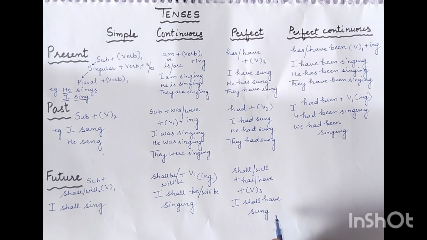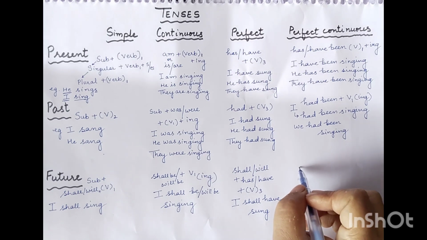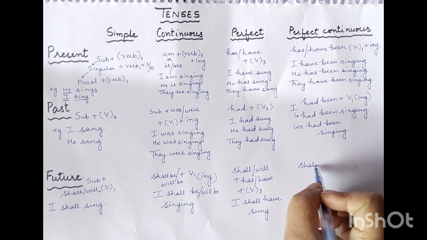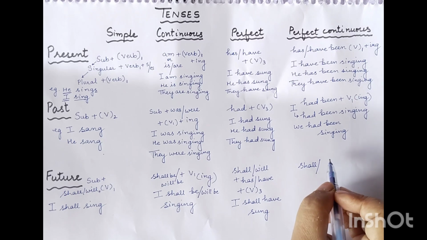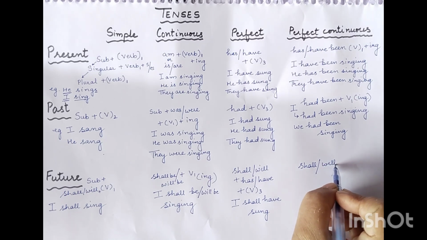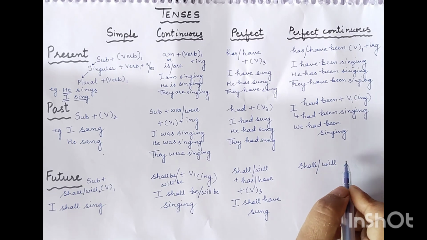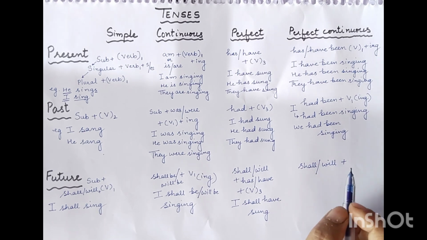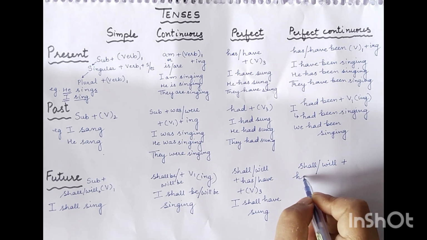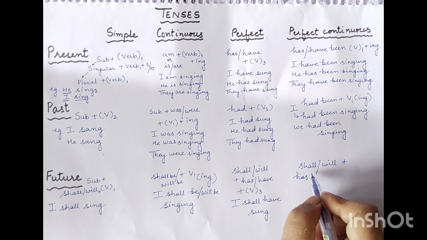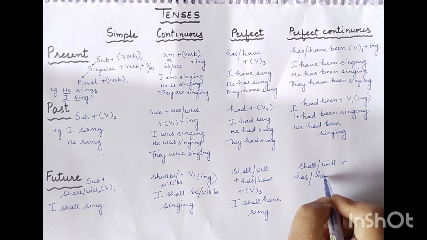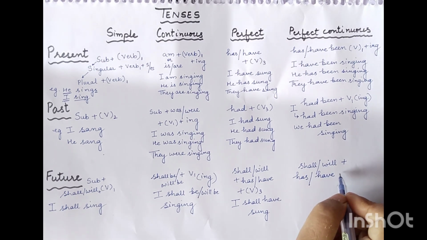Future perfect is very much similar to present perfect, only the difference is in shall or will. I shall have sung.